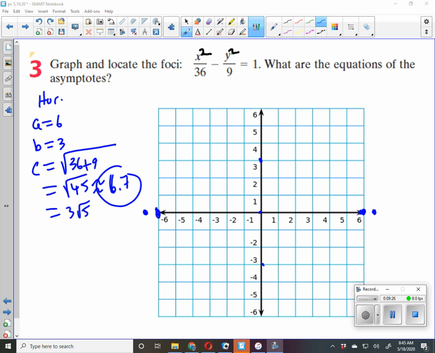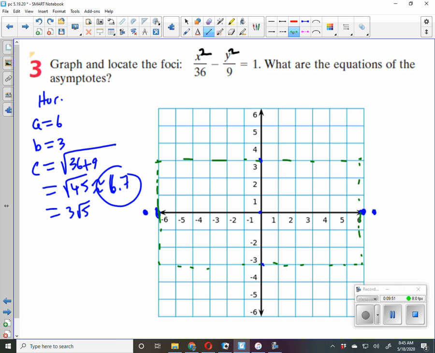That allows me to sketch this box here and identify the vertices there, right?